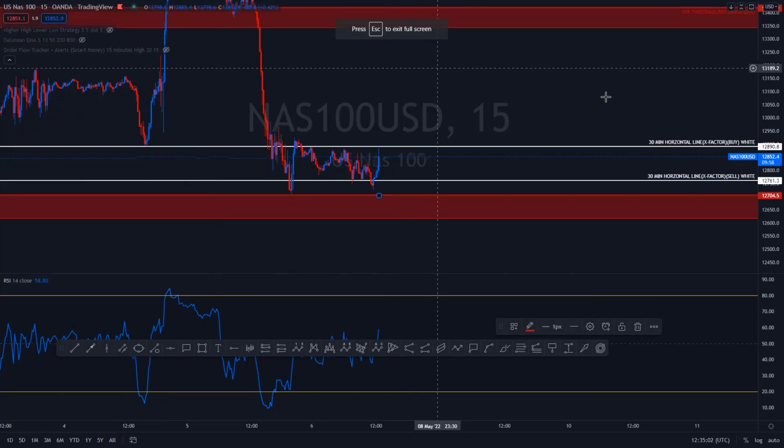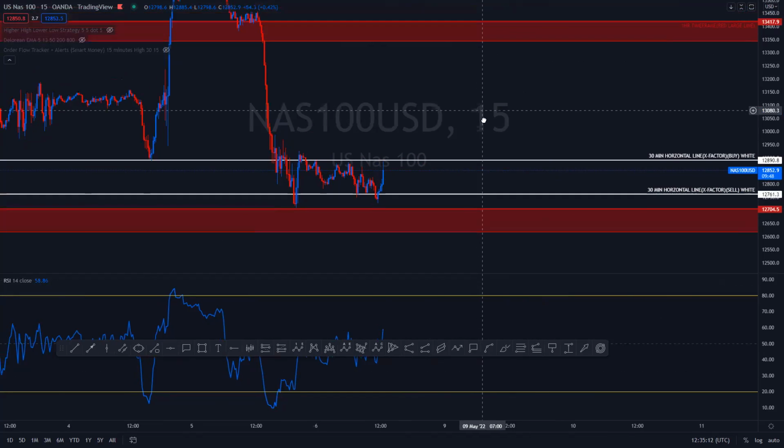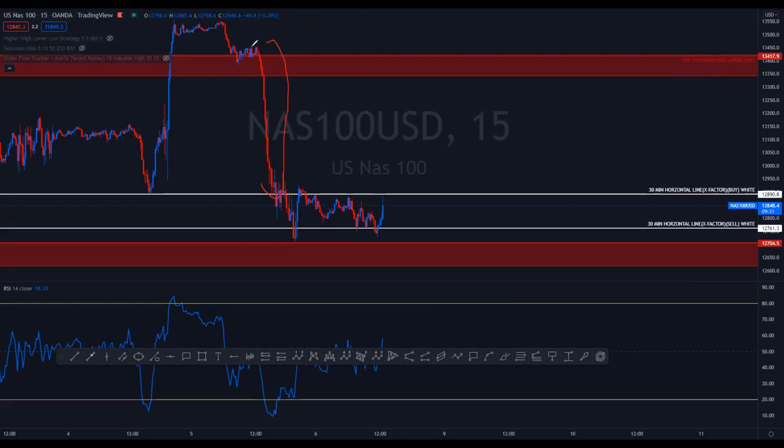Now, so now that we identified the trend, now the question is, what's the next move that the institutions are going to make, or more likely going to make next? Well, they have to refill or sell off imbalances in the market.